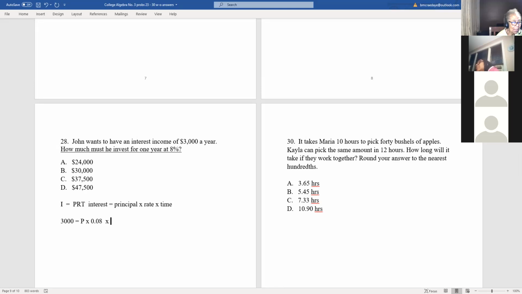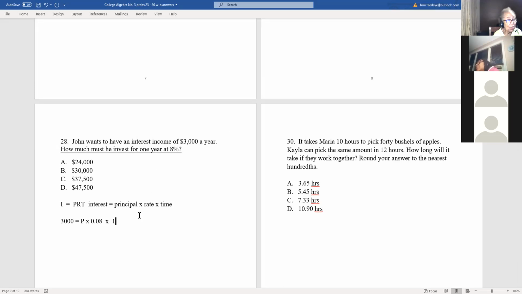How much must he invest for 1 year? That's just 1 year, so that would just be one. If it's months, you have to convert it to years. In simple interest, the time is in years. Got it?